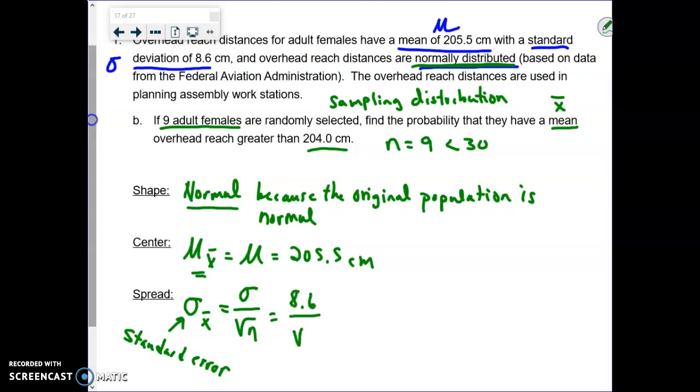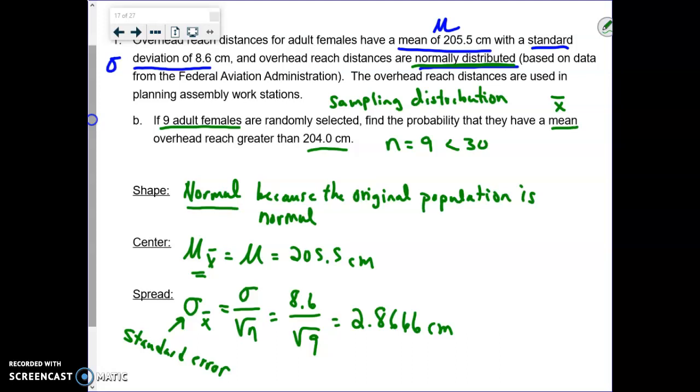We divide that by the square root of our sample size, 9. So basically it's 8.6 divided by 3, and going out to a few decimal places, you get about 2.8666 centimeters, which is the standard error, or the standard deviation for this sampling distribution of sample means. I know that's a lot to have to say.